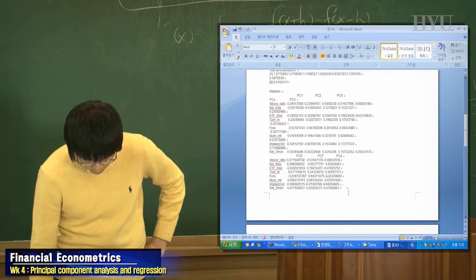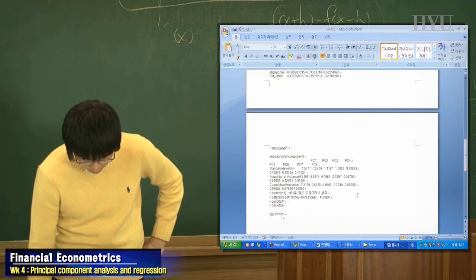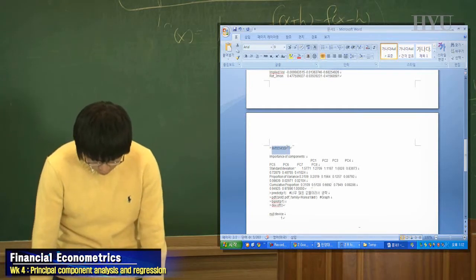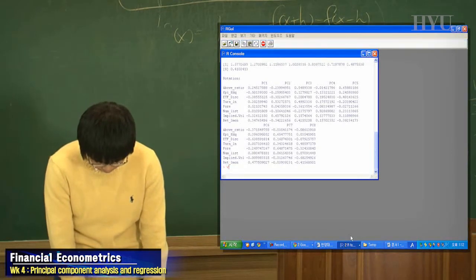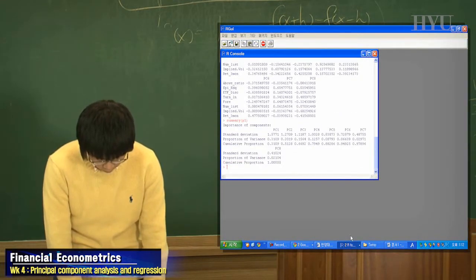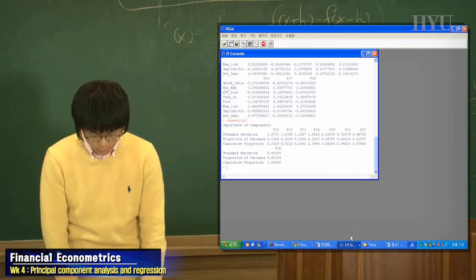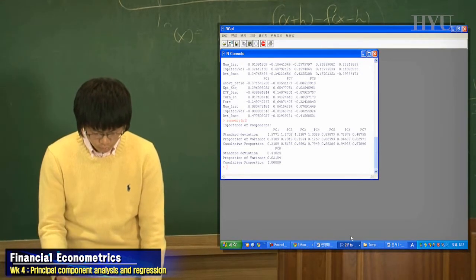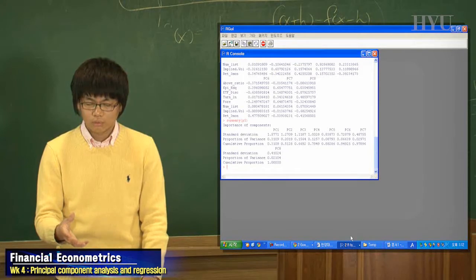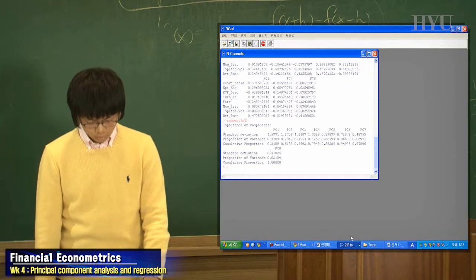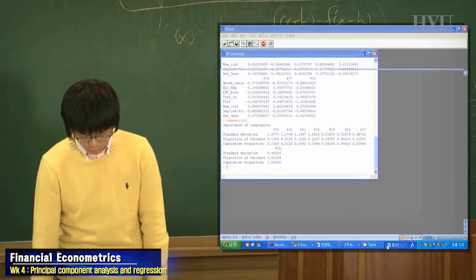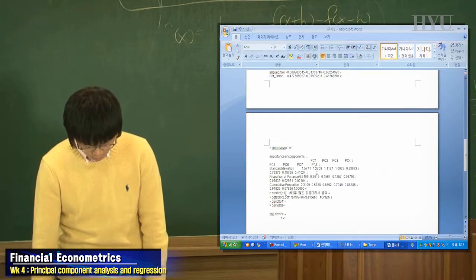Then after calculating this data, just write this order in R, and it shows the standard deviation and proportion of variance, so I can know what the main principal components are, and make a graph after writing this order.